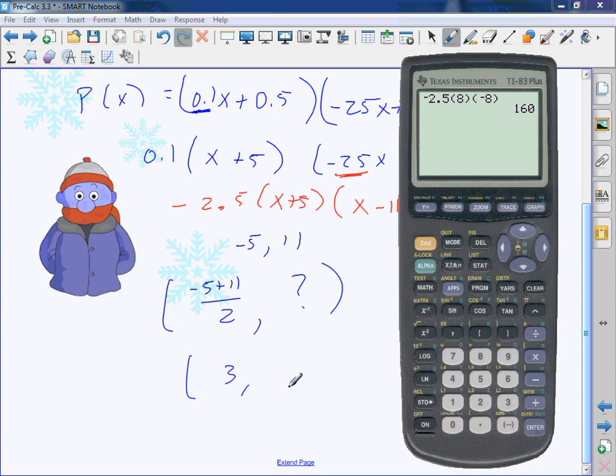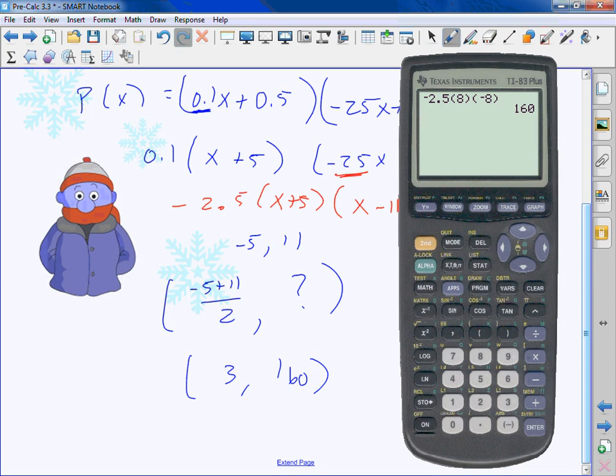Put in the calculator and it's 160. Where'd I get 8 from? 3 and 5 is 8. 3 and negative 11 is negative 8. I just saved myself typing.